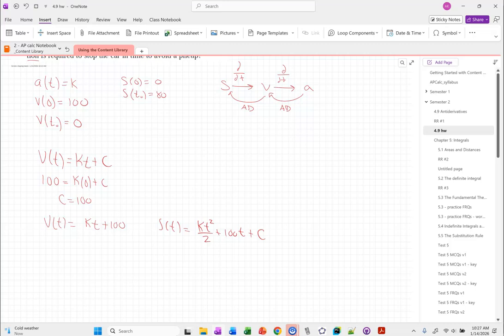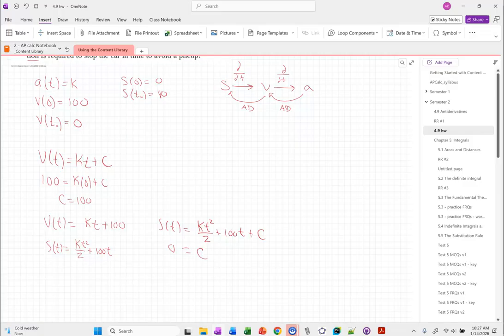Is that okay? And actually I do want to make that 80 and that 0. No, I don't think it'll matter. I think it's just going to be fine. Let's do it this way. So if I do that, I know that C has to be 0. So I have that S of T is equal to KT squared over 2 plus 100T.